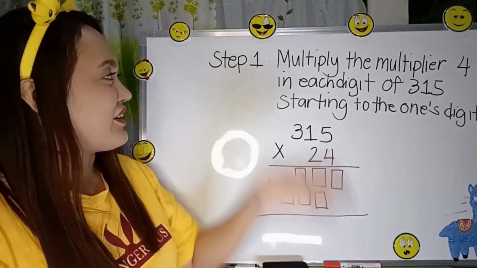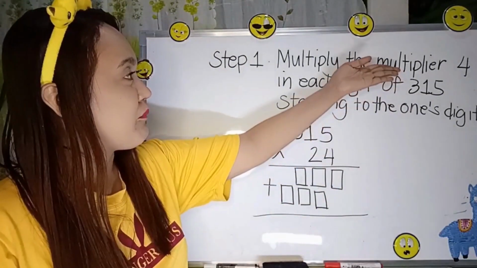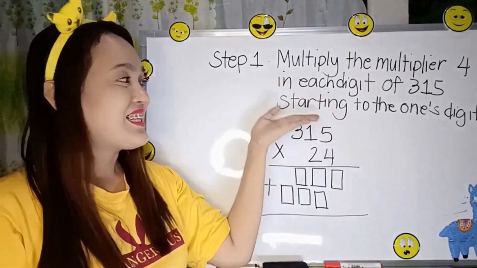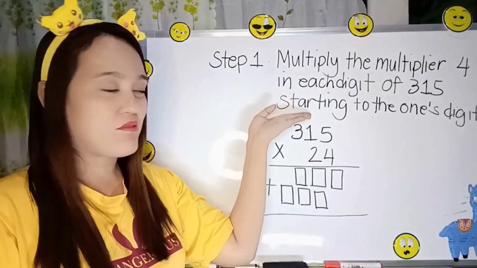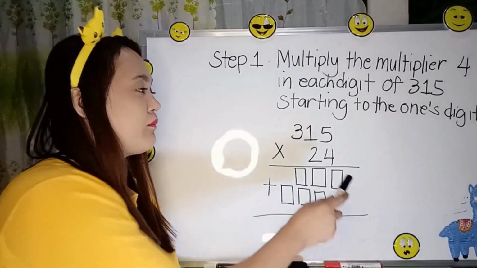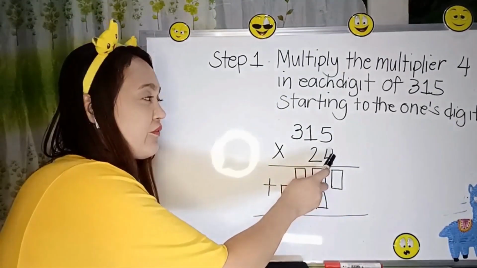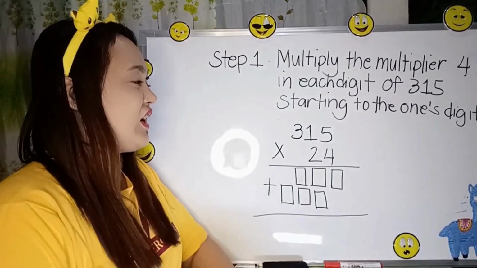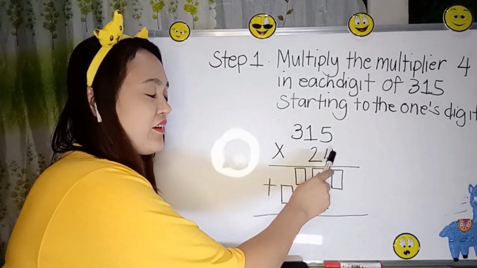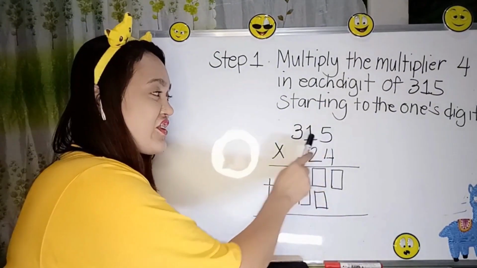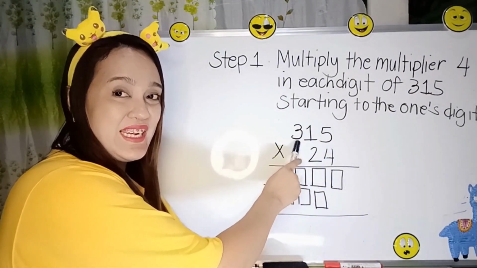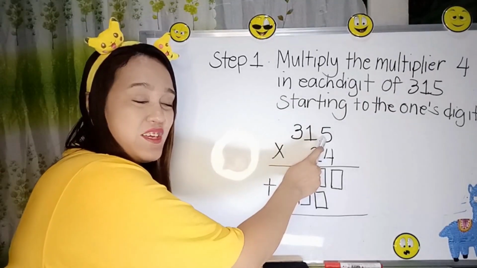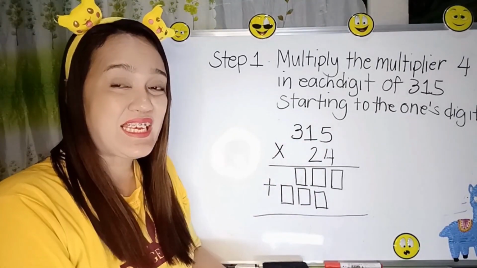Step number 1. Multiply the multiplier 4 in each digit of 315, starting to the ones digit. So, 4 times 5 is equal to 20.